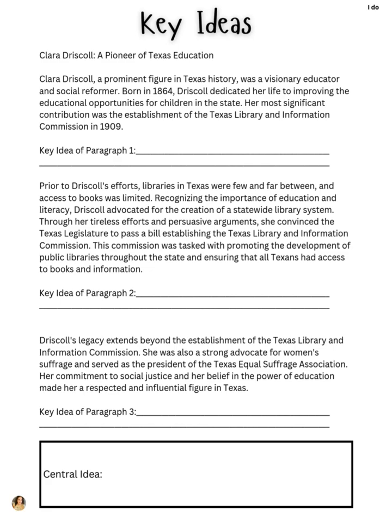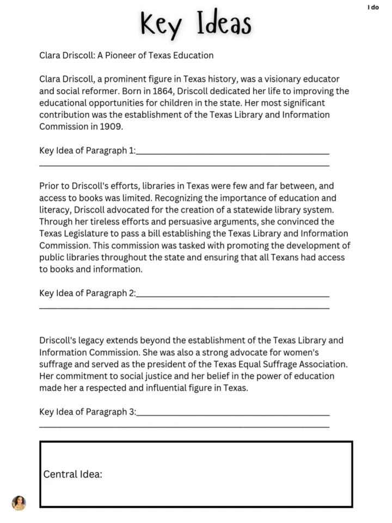Driscoll's legacy extends beyond the establishment of the Texas Library and Information Commission. She was also a strong advocate for women's suffrage and served as the president of the Texas Equal Suffrage Association. Her commitment to social justice and her belief in the power of education made her a respected and influential figure in Texas.